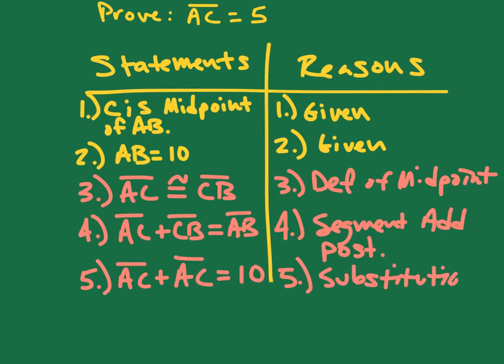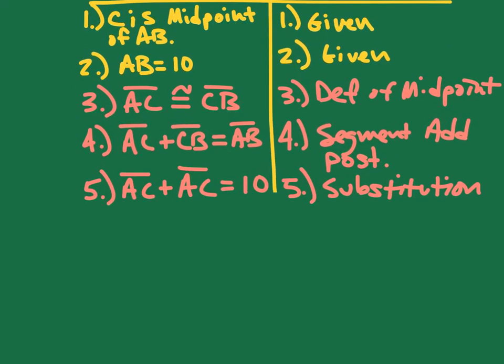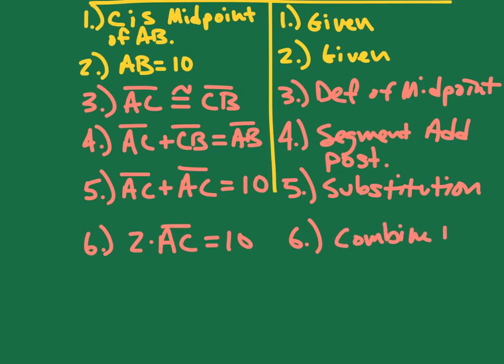Now, the next thing I want to do is add these two together. If I have AC plus AC, all that's going to be is 2 times AC. So 2 times segment length AC is equal to 10. In my sixth statement, the reason I did that is that I'm combining like terms.